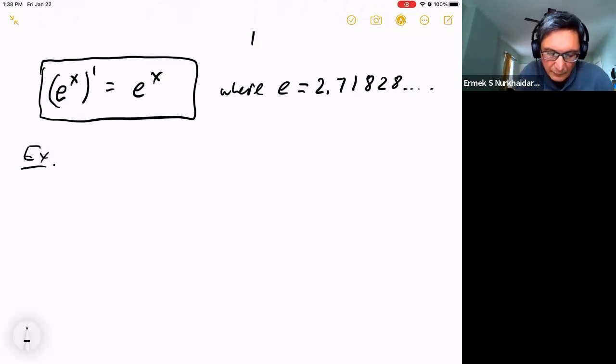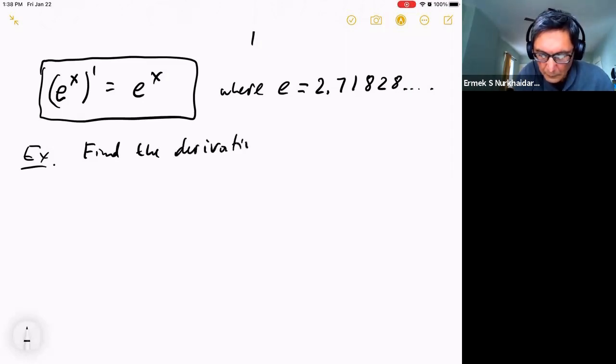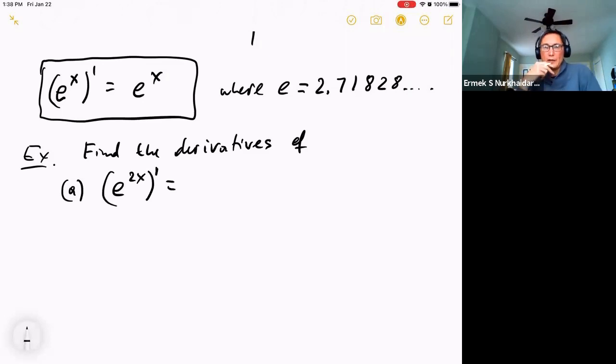For example, let's find a few derivatives. Find the derivative of e to the 2x. So we're going to treat the exponent as our inside function. So inside function u equals 2x, outside e to the u.